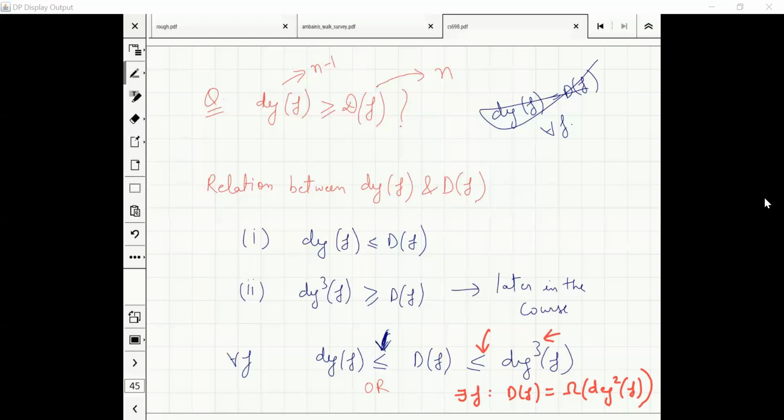And if we don't show it, then probably the lower bound or the upper bound can be improved. This is the general philosophy of relating these complexity functions. Questions on this? Did I go too quickly on this? Did the question seem natural?